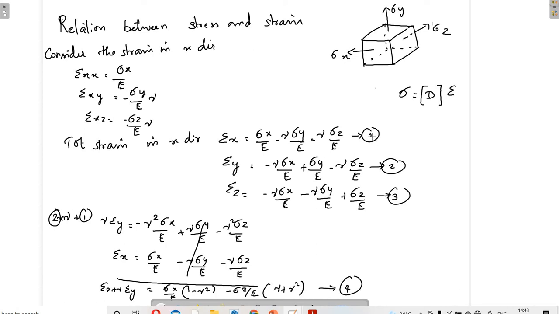So next I am going to consider 1 and 3, and again I am going to eliminate sigma y. Here there is no multiplication of nu because the two equations have the same nu term. So I am going to deduct 1 minus 3.